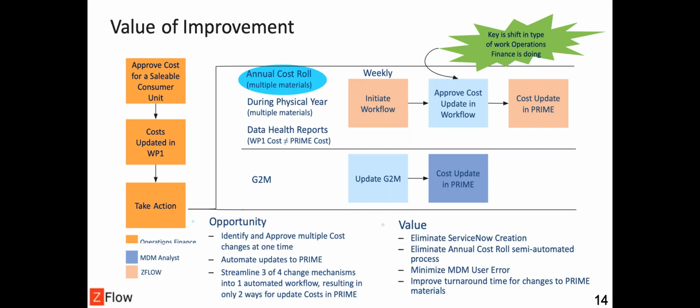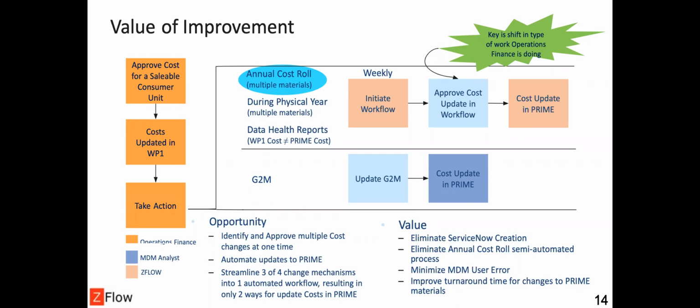And then you can see at the bottom, we have what opportunities we identified, and then what value we got from this. So instead of sending emails and ServiceNow tickets and all this kind of stuff, we don't have to do any of that anymore. It just happens through the ZFlow process. And we were able to minimize any user interaction because basically ZFlow updates SAP directly.